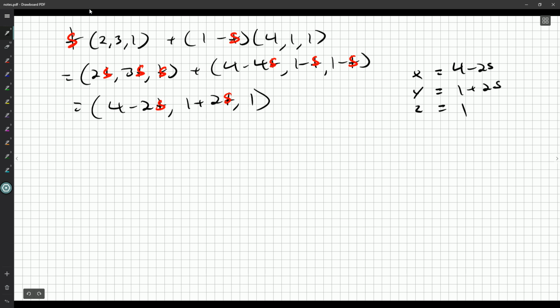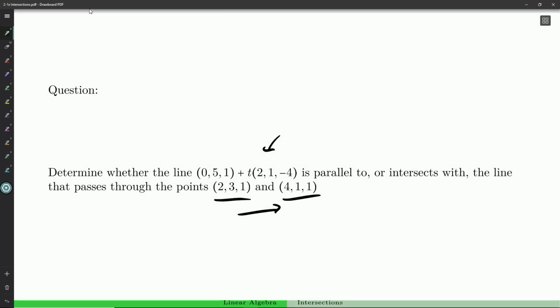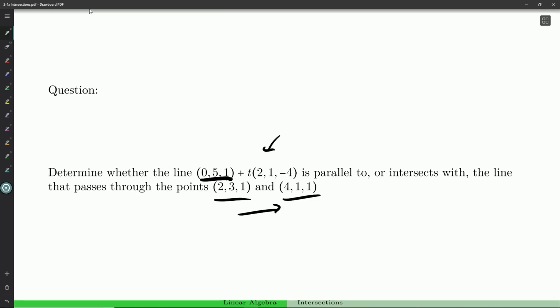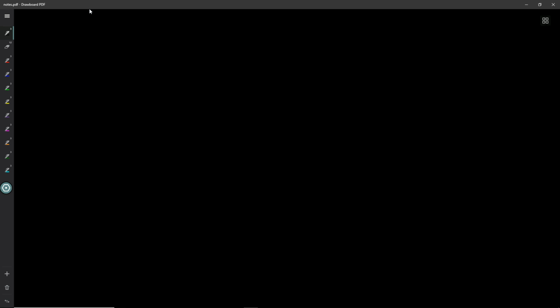So our second line is x equals 4 minus 2s, y equals 1 plus 2s, and z equals 1. And the first line, we were given point-parallel form, but it doesn't take too much effort to work out parametric form. So (0, 5, 1), and then the coefficients for t are the components here: 2t, 1t, and minus 4t.